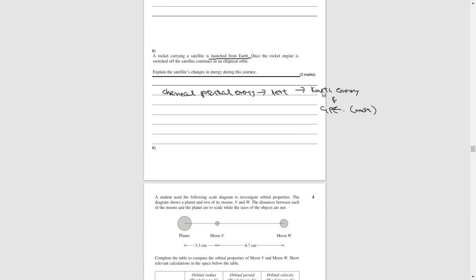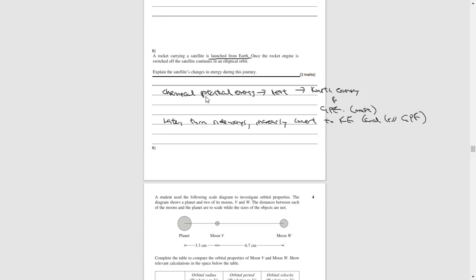Once you get to a particular altitude, you will then turn sideways and increasingly convert to KE and less GPE, until ultimately you're only going for KE.